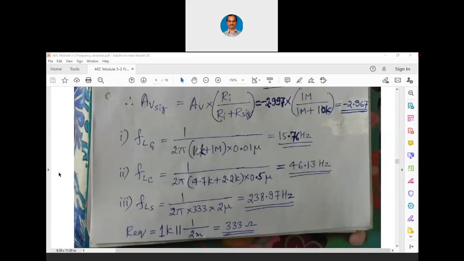So this way, we can always change the capacitance values so as to decide which lower cutoff frequency value we desire for a given amplifier circuit. So this was an analysis of low frequency response of BJT amplifier as well as FET amplifier.